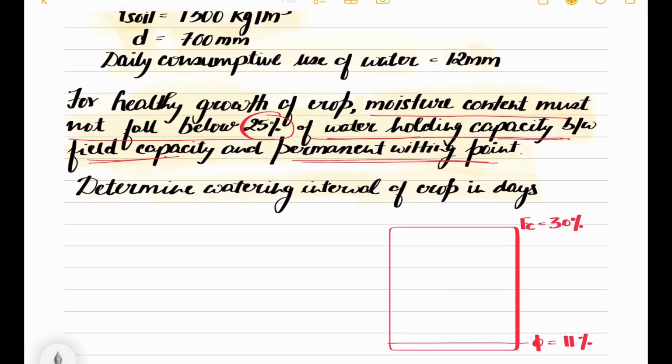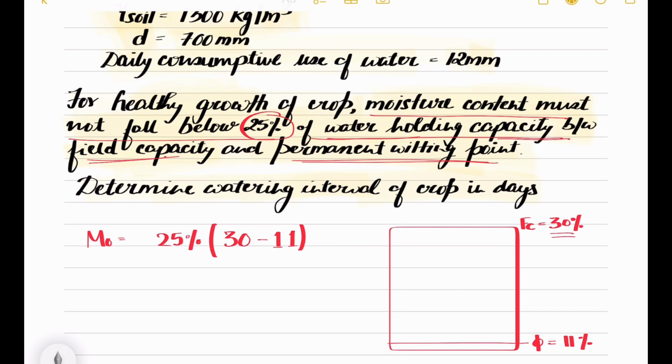So the optimum moisture content of the crop must not fall below 25% of the water holding capacity between field capacity and permanent wilting point, right?